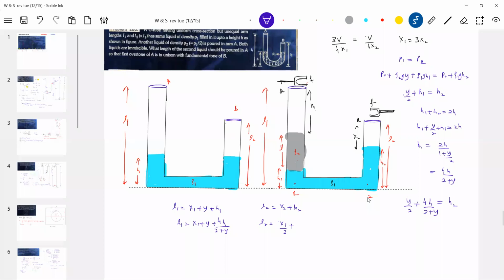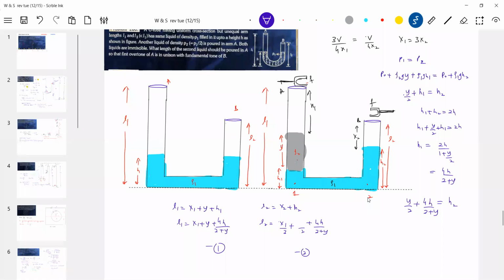h2, it is. Two equations, two unknowns. Again we have to solve this one.